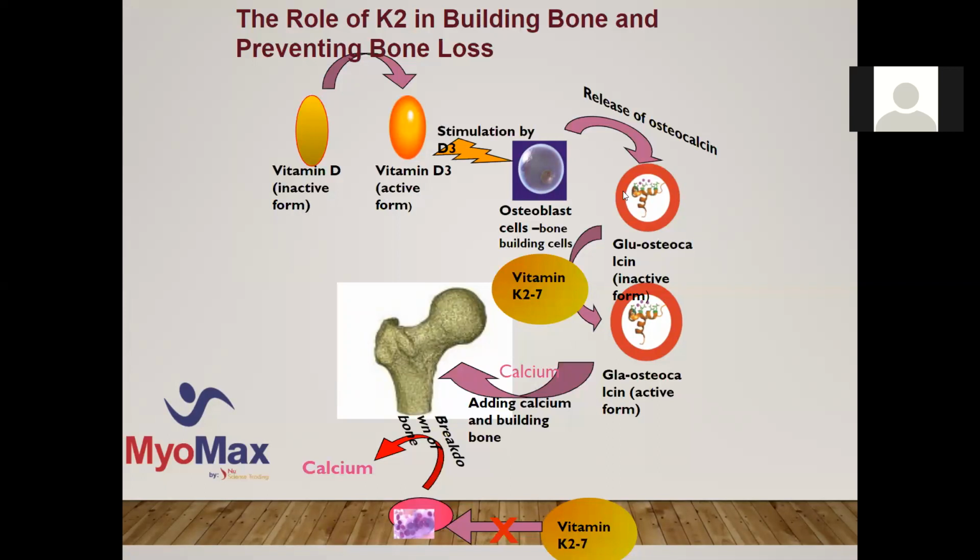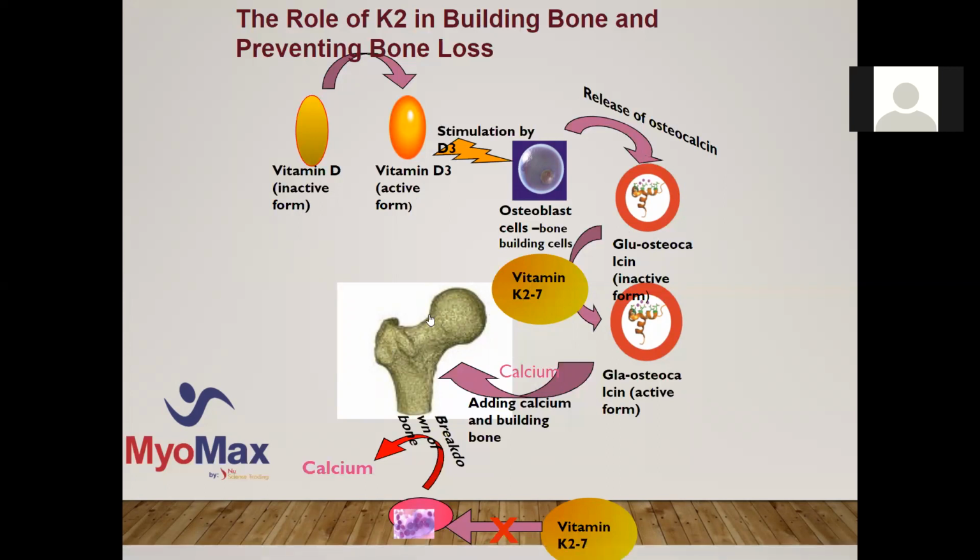So it's staying in this uncarboxylated state and being deposited into soft tissue, and therefore it's not getting to the bones. So we're seeing hardening of the arteries, kidney stones, gallbladder stones, plaquing in the brain for Parkinson's, and osteoporosis.